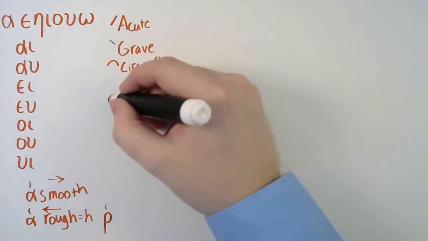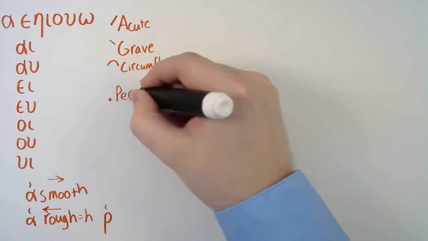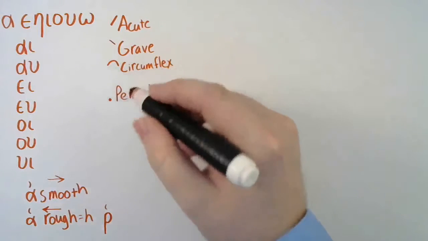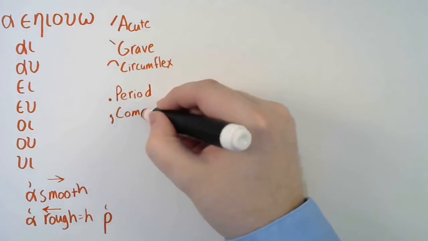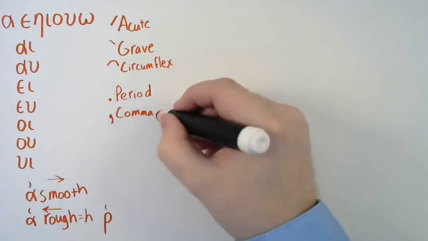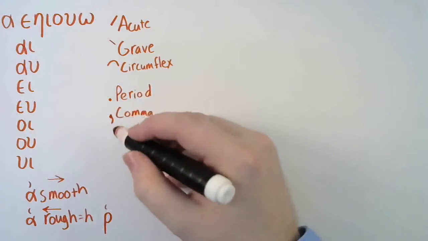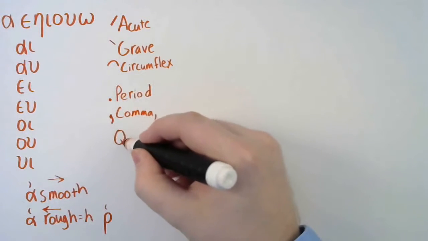Punctuation marks. You have a period and a comma. I'm doing the little dot thing to accentuate it. Usually I'll just do that. Then the question mark.